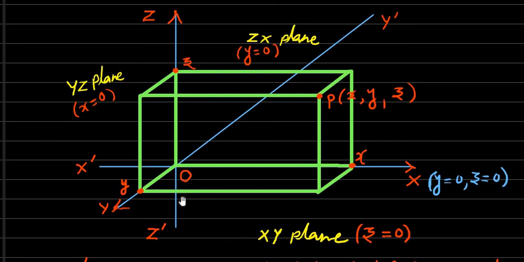Therefore the equations of the y-axis are the equations of the XY plane and the YZ plane at the same time. So the equations of the y-axis are z equal to 0 and x equal to 0.